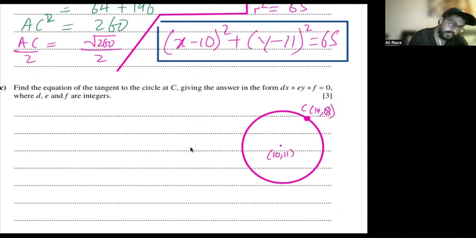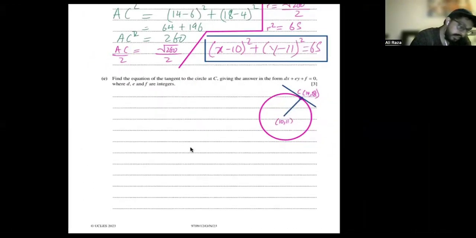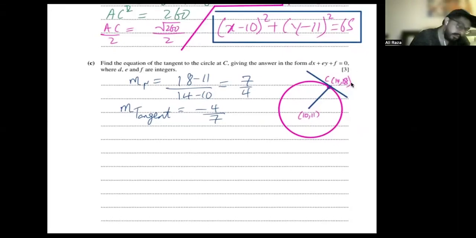We need the tangent equation. So we'll find the gradient of the radius over here. Gradient would be 18 minus 11 upon 14 minus 10, which is 7 upon 4. So the gradient of the tangent would be minus 4 upon 7. And we have the coordinate 14 and 18.